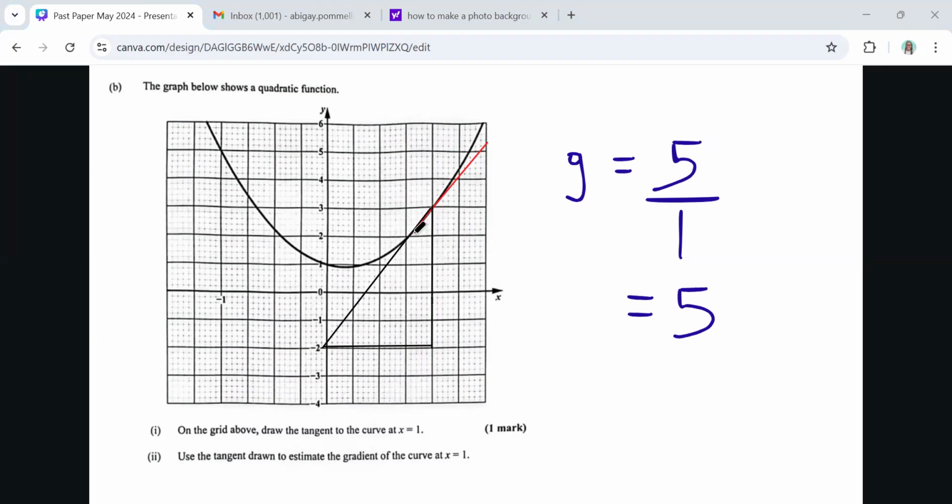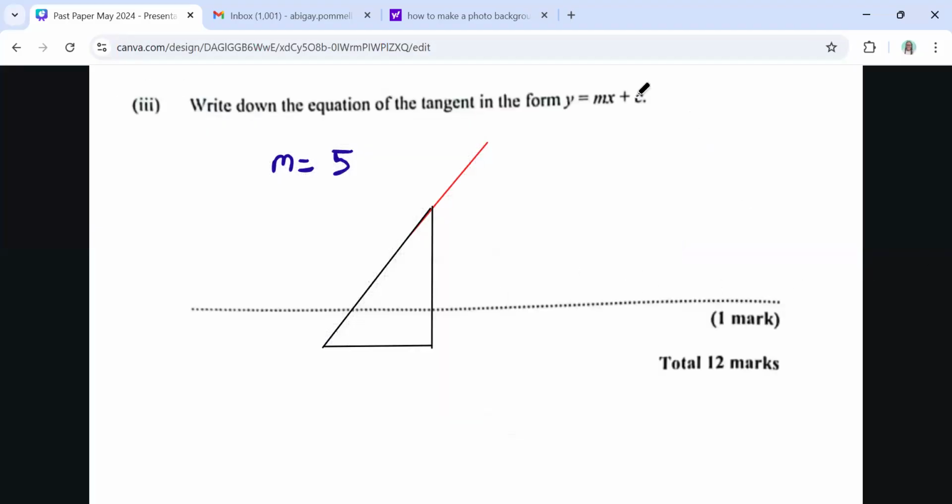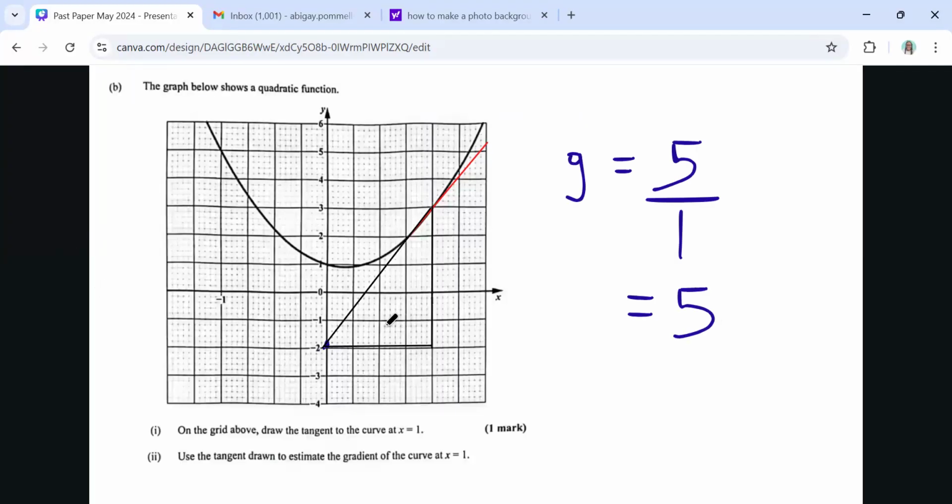Ooh, I can use this line right here to extend the tangent. And you can see right here that I cross the y-axis at -2. That is what c is. So c is where you cross the y-axis.